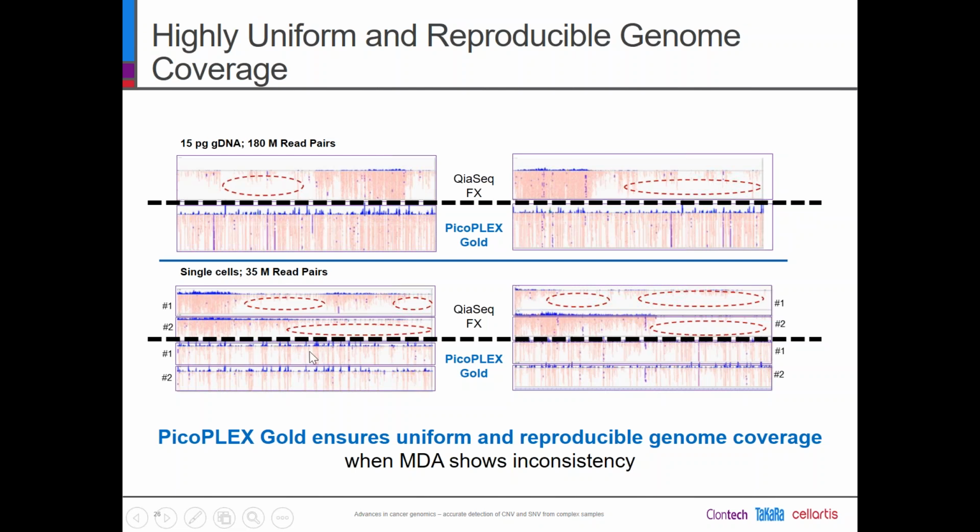In the bottom panels here, each line is a single cell. You can see that also at the single cell level, PicoPLEX Gold performs really well in terms of uniformity and reproducibility of coverage. Maybe it's small for you to see, but number 1 and number 2 represent here 2 different single cells. You can see how consistent the genomic coverage is with PicoPLEX Gold.